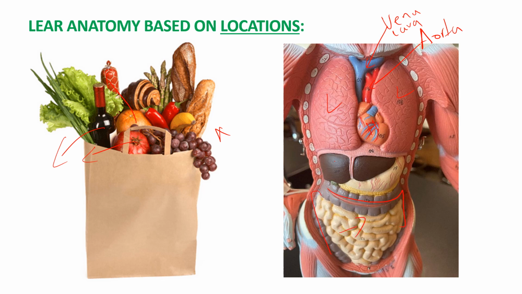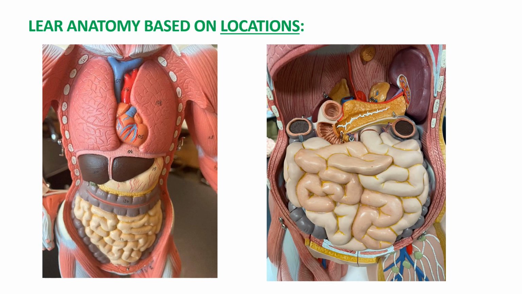Now let's look at something very similar, not the same model, but with fewer parts. We're going to remove some of the organs to see what is behind them. Here's when anatomy starts getting tricky. This is the portion in which students struggle.